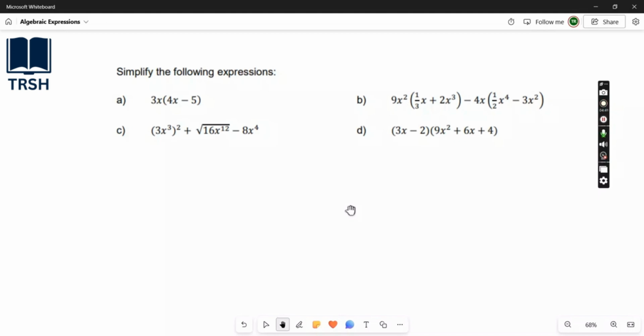Solving for x only happens when they say solve for x. That's when we're using equations and not expressions. So I made a mistake there. Again, we solve for x when we have an algebraic equation, but when we're simplifying, we're using algebraic expressions. You need to know the difference.